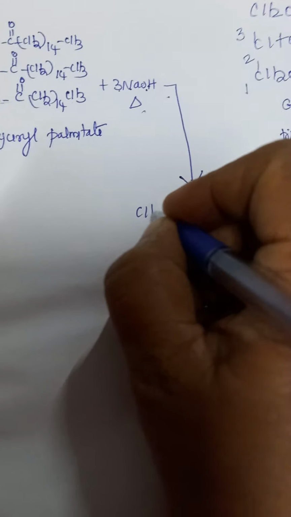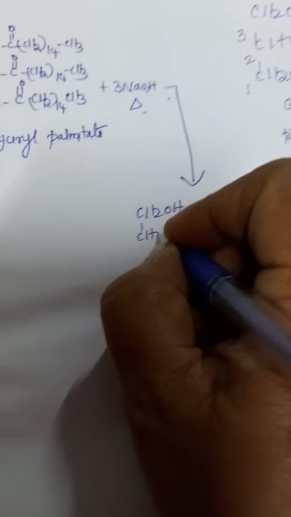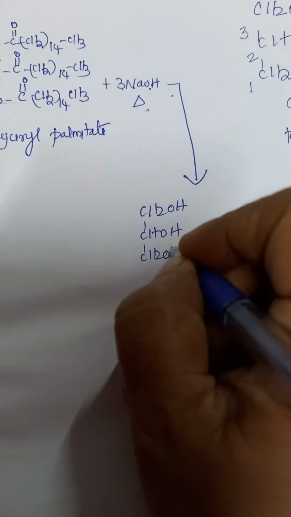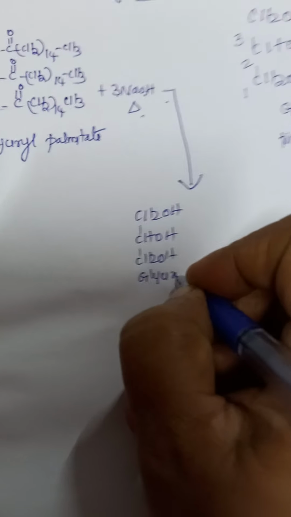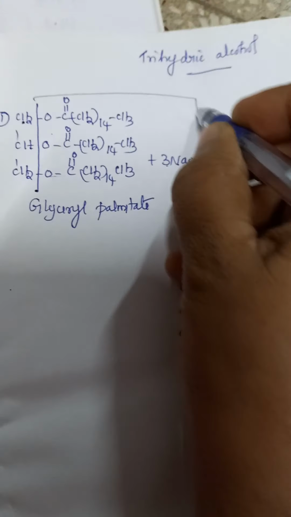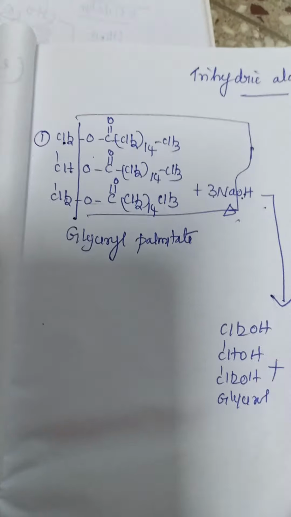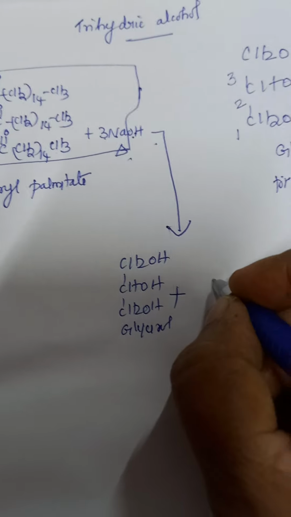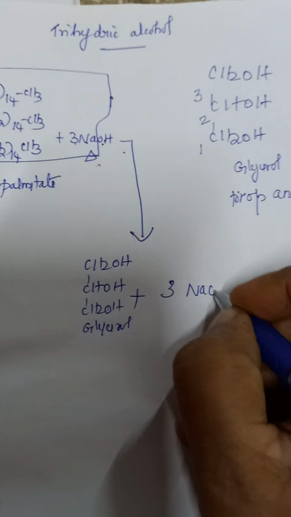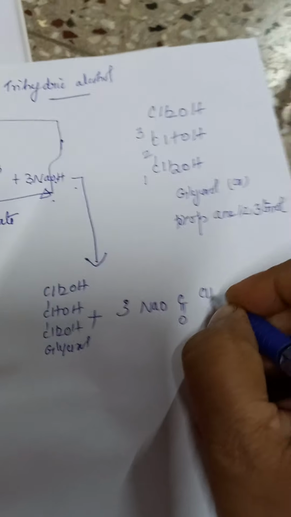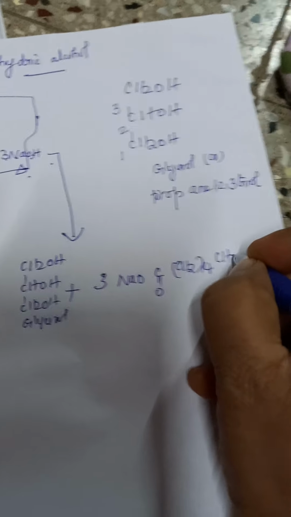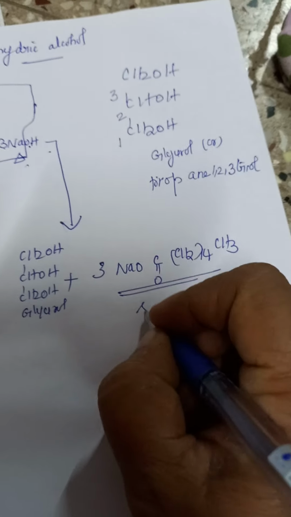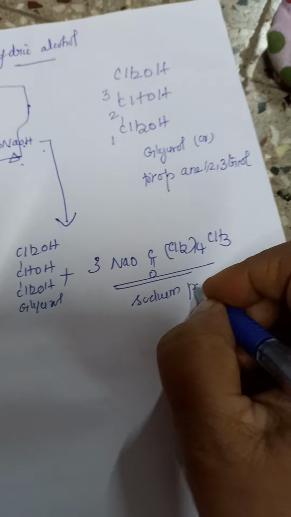The bond breaks here, and we get CH2OH, CHOH, CH2OH, glycerol, plus the remaining 3 molecules of NaOCO(CH2)14CH3. This is called sodium palmitate.